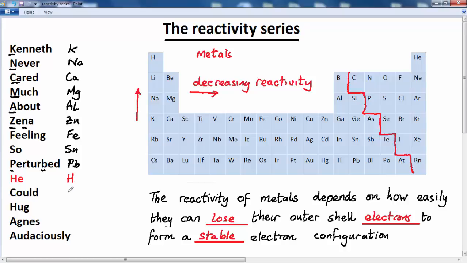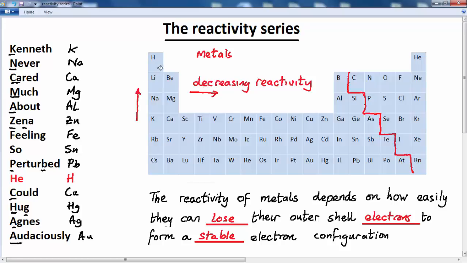Then underneath hydrogen we have could, that's C for copper, not cobalt, right, copper, and then Hg for mercury, and then Ag for silver, and then finally at the bottom we've got audaciously, that's Au for gold.